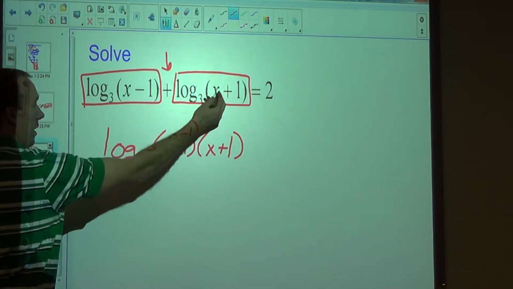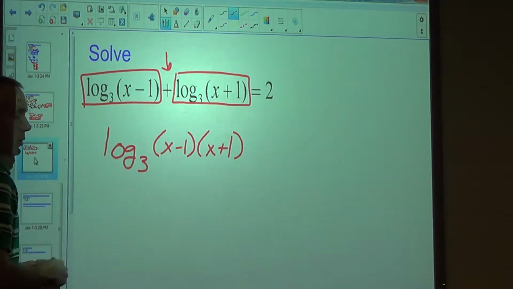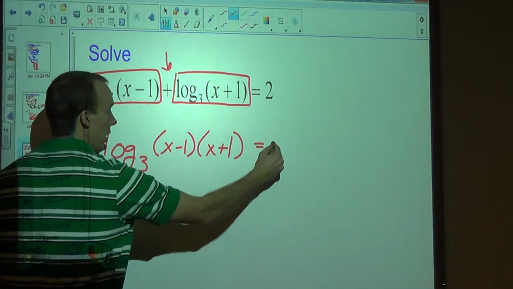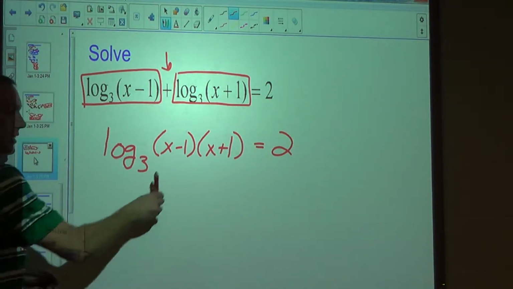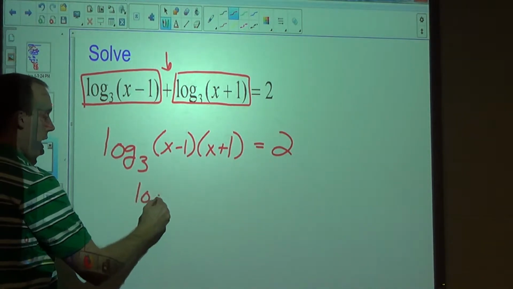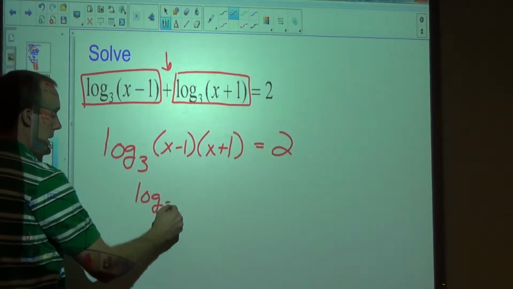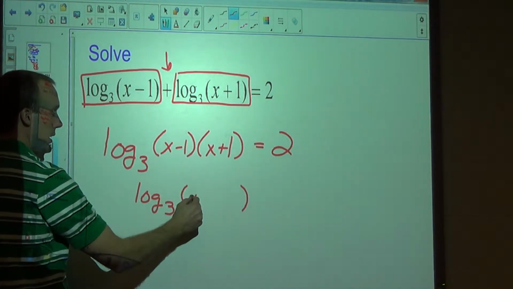So you see I'm multiplying these two parts, because the add will turn to multiply when it turns into one log. And the middle term will drop out because these are conjugates, right? Difference of two squares. So it's actually log base 3 of x times x.